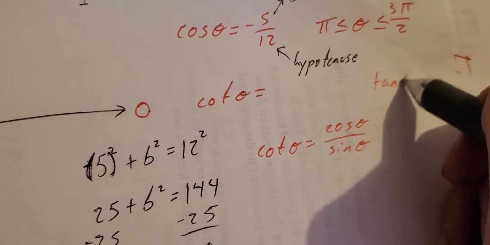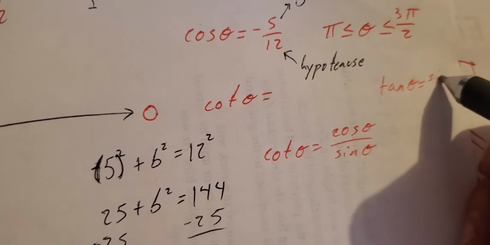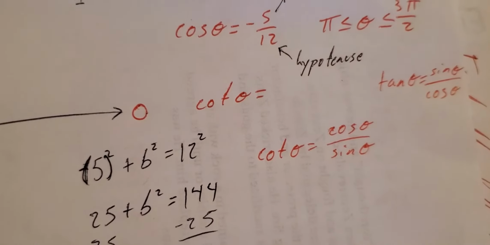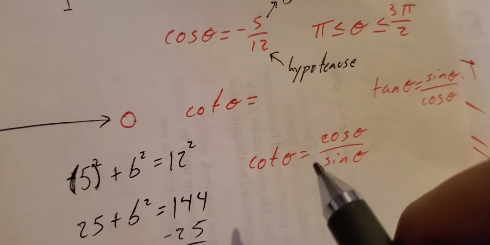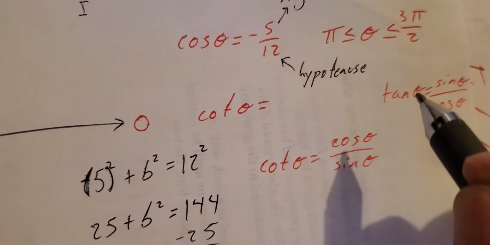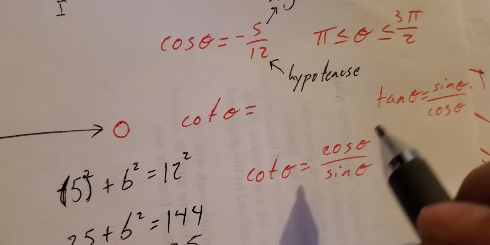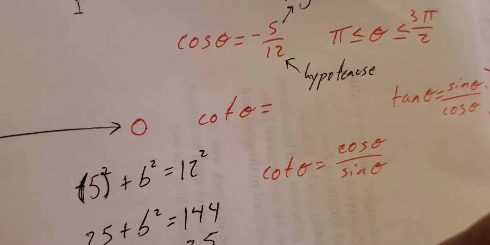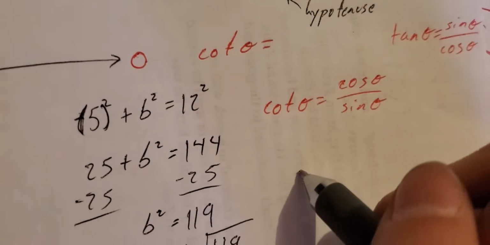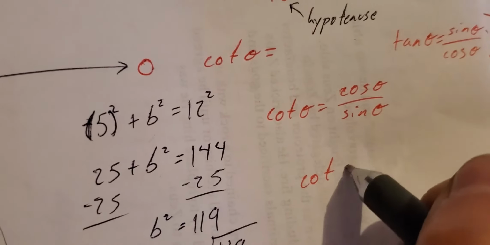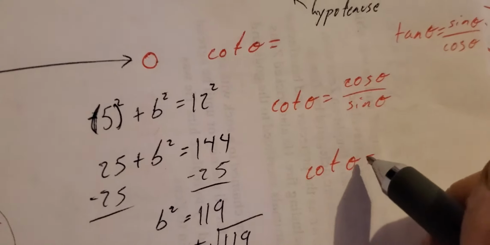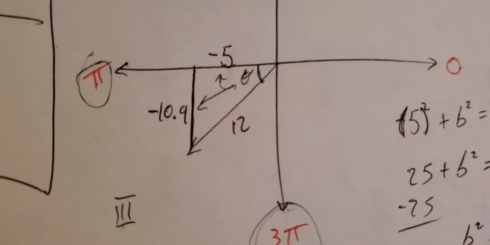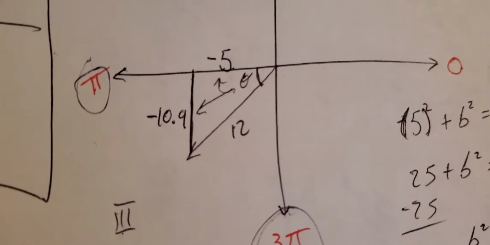Tangent theta was sine over cosine theta. You know how in our SOHCAHTOA tangent is opposite over adjacent? Well, cotangent is adjacent over opposite. So my cotangent theta is going to be equal to adjacent over opposite.